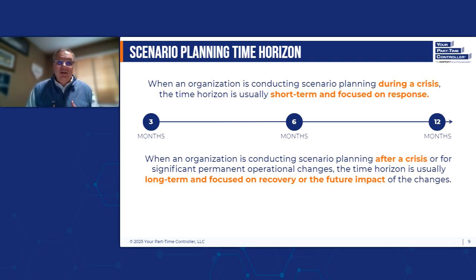And the reality is it's very short term and it's focused on the current situation. I happen to have been in the home building industry in Las Vegas in the late 2000s. And you can imagine, if you remember what life was like back then, that was crisis mode for us. And so we had to come up with various different scenarios on a very small scale and short time frame.